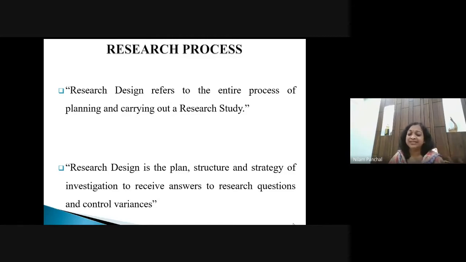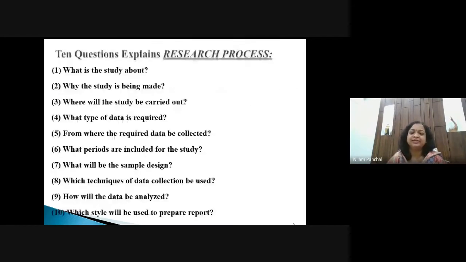Strategy for investigation, strategy for identifying, strategy for analyzing, strategy for finding out the solution or coming to the conclusion, or strategies to receive the answers to research questions and control variance.